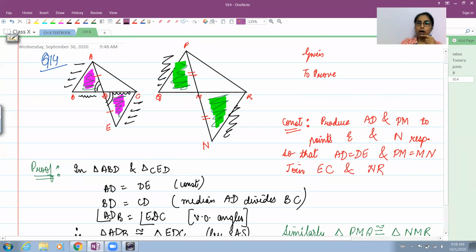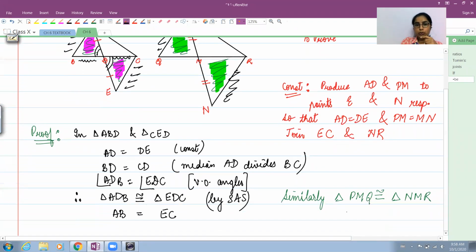PQ will be equal to RN. That's what I'm going to write down here in the CPCT part after the congruence. So let's write that down. I've already written for the first pair of congruent triangles. Similarly, for the second pair of congruent triangles, I'm going to write down PQ equals to NR.